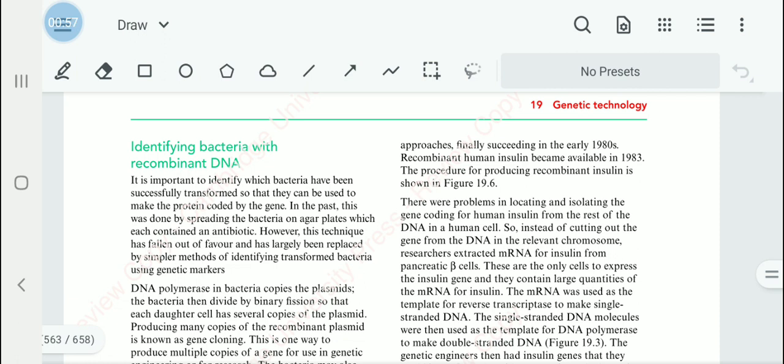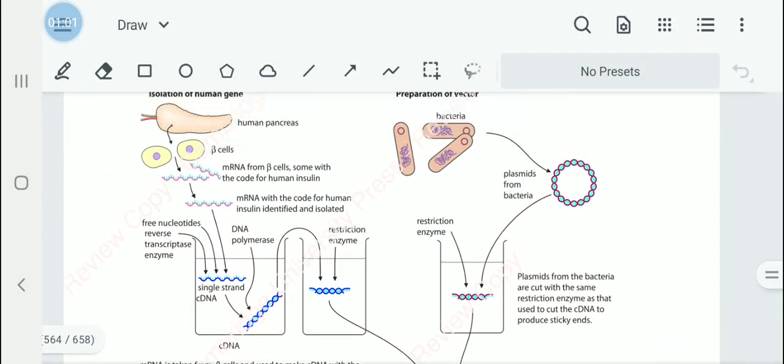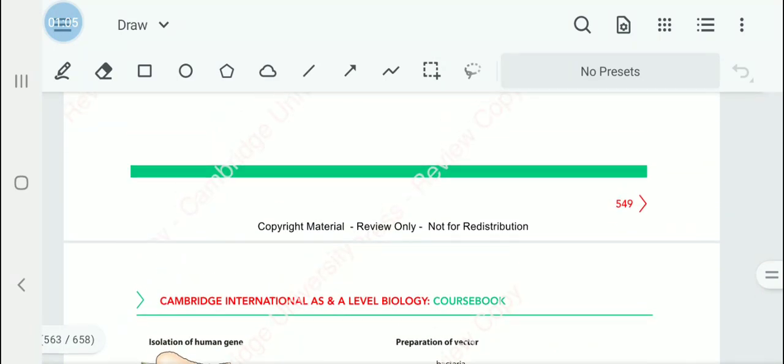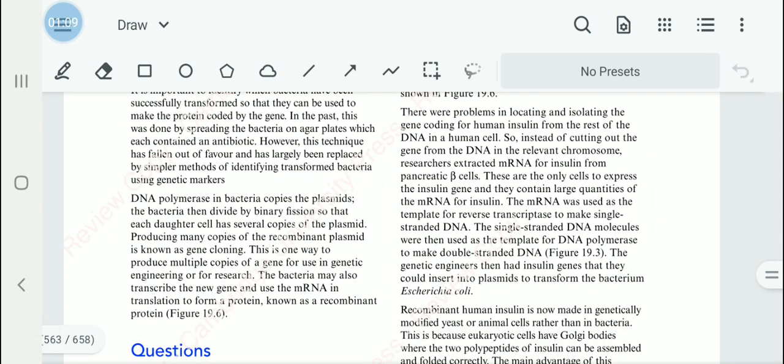The procedure is given in the diagram in Figure 19.6. If you study this diagram, you will understand how exactly it can be done. But to explain the process, first of all, it is not easy to identify and cut out the gene responsible for producing insulin in humans.